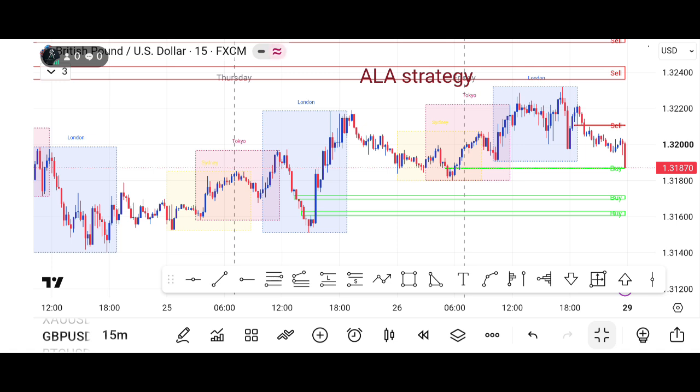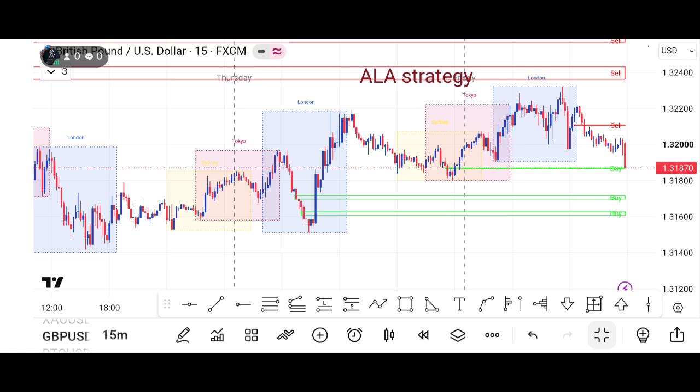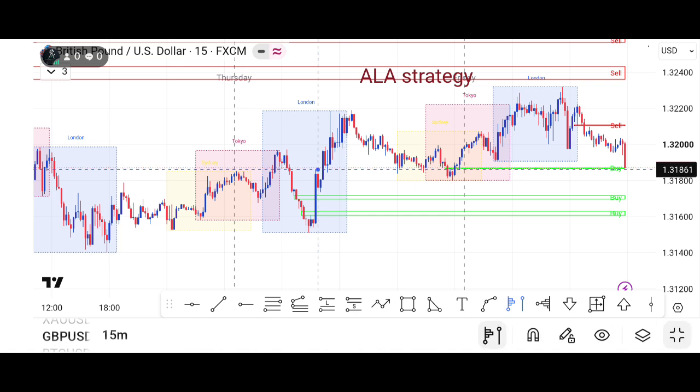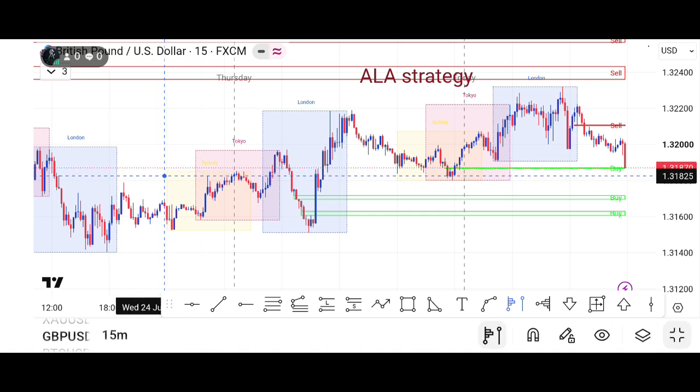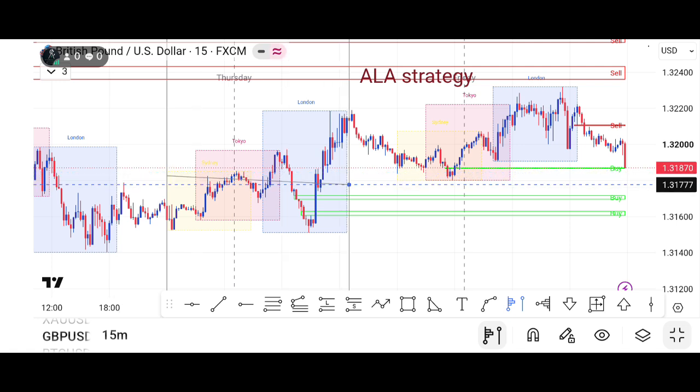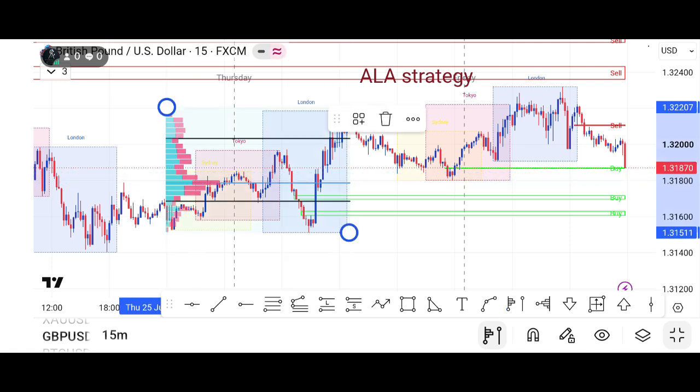And one more tool that you're going to use is the volume profile. So yesterday I took the volume profile and marked the beginning of the day to where the London is ending. Yep, right there.